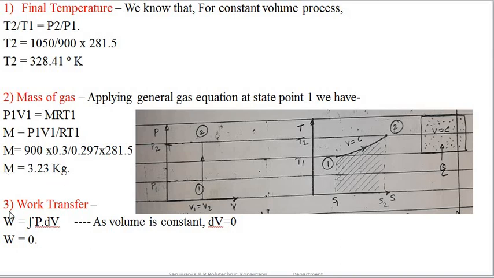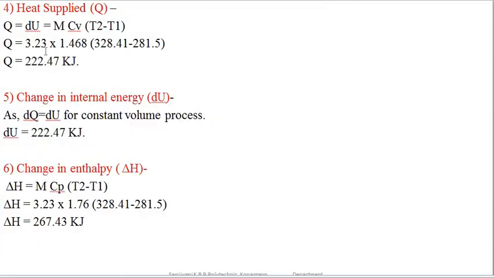Now the third point is the work transfer. So W is equal to integration of P into dV. Now as volume is constant, dV is equal to 0 for the constant volume process, so W is equal to 0. Now heat supplied Q, for the constant volume process, Q is equal to change in the internal energy dU, that is given by the formula mass into Cv into temperature difference, that is T2 minus T1.